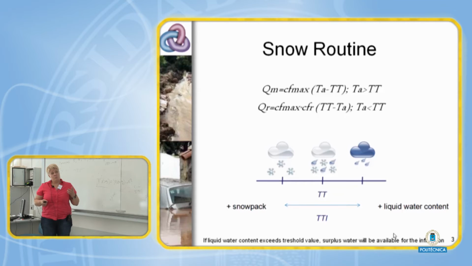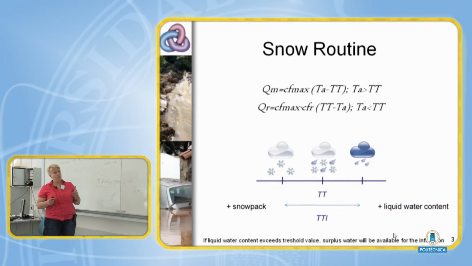If the air temperature is below a user-defined threshold value, the precipitation will be recognized as snow. Otherwise, it will be recognized as rain. If the precipitation is snow, it will be added to the snowpack. Otherwise, it will be added to the liquid water content in the snowpack.